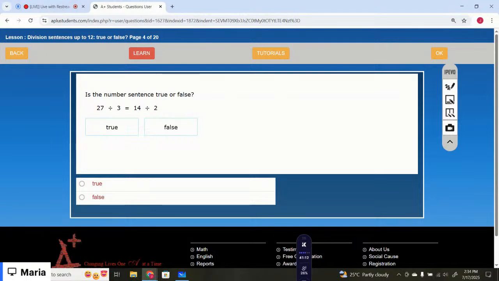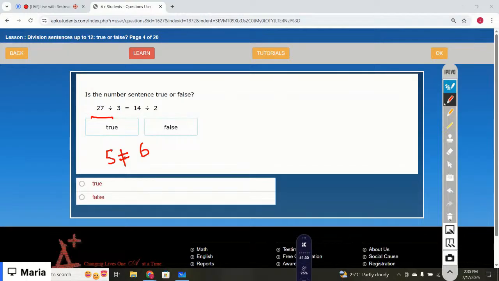Is the number sentence true or false? 27 divided by 3 is 9. 3 times 9 is 27 and 2 times 7 is 14.